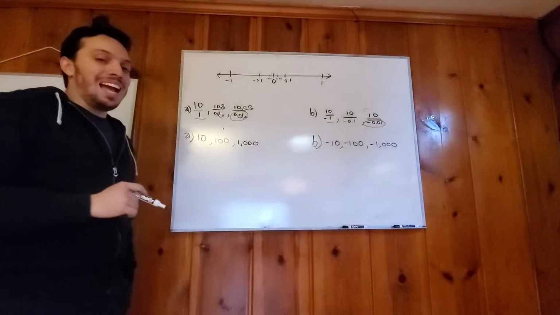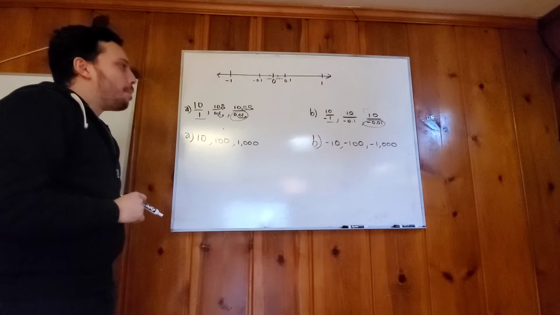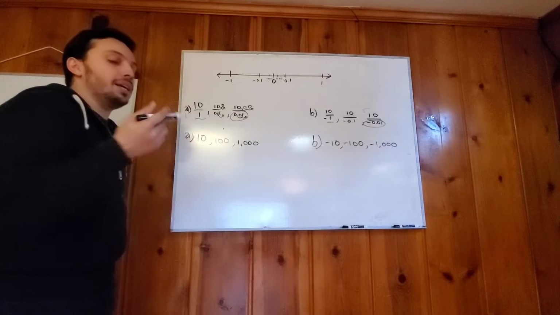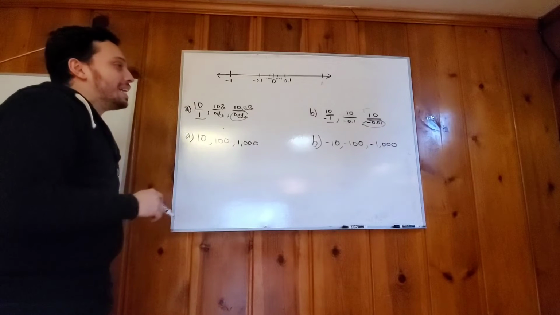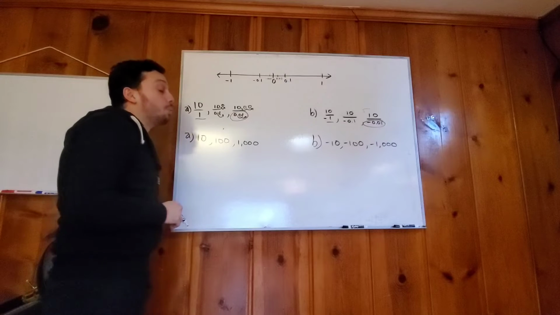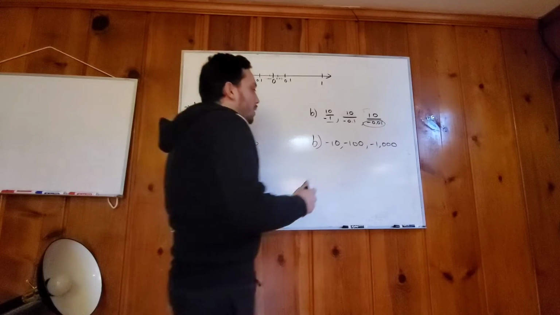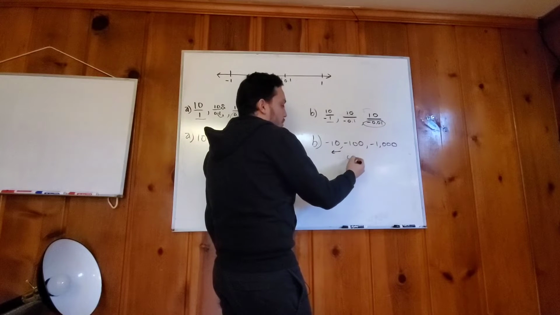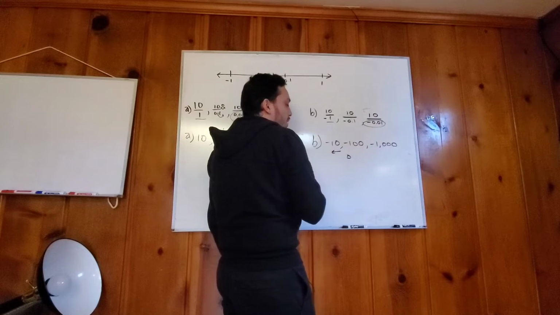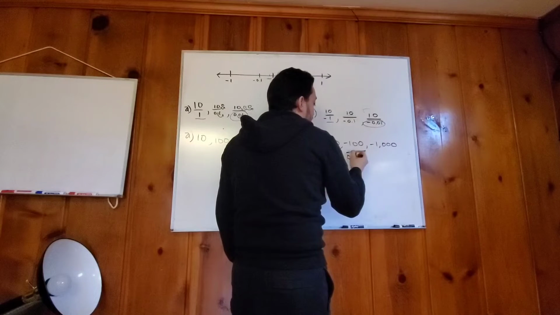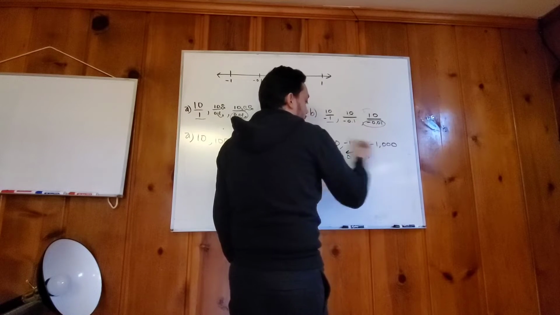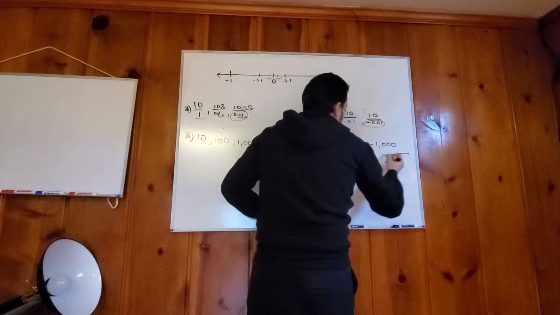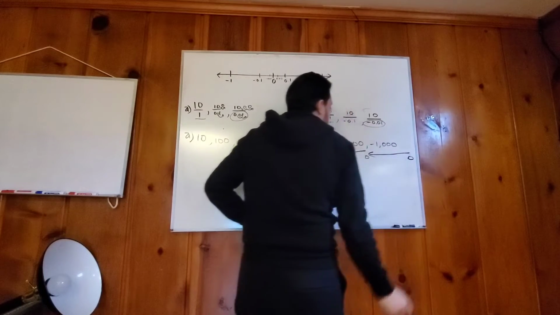So when we divide 10 by -1, 10 by negative 0.1, and 10 by negative 0.01, we're going to see that this actually is far from 0, right? It's less than 0. Negative 10 is less than 0. But negative 100 is even way less than 0. And negative 1,000 is like way less than 0.